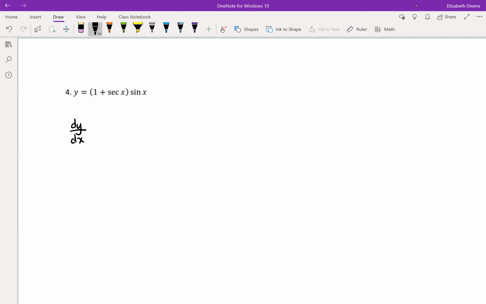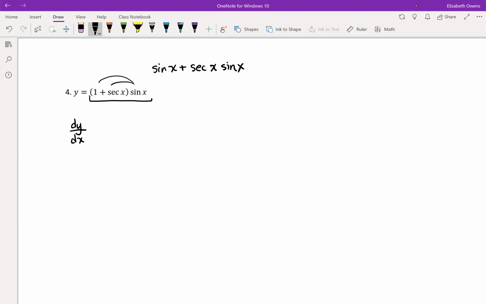And you can see here that even if you did distribution on this, because that is a thing that you could do, you'd have sine x plus secant x times sine x. If you think that looks nicer, you can work with that. But in either case, you're going to have to use a product rule.